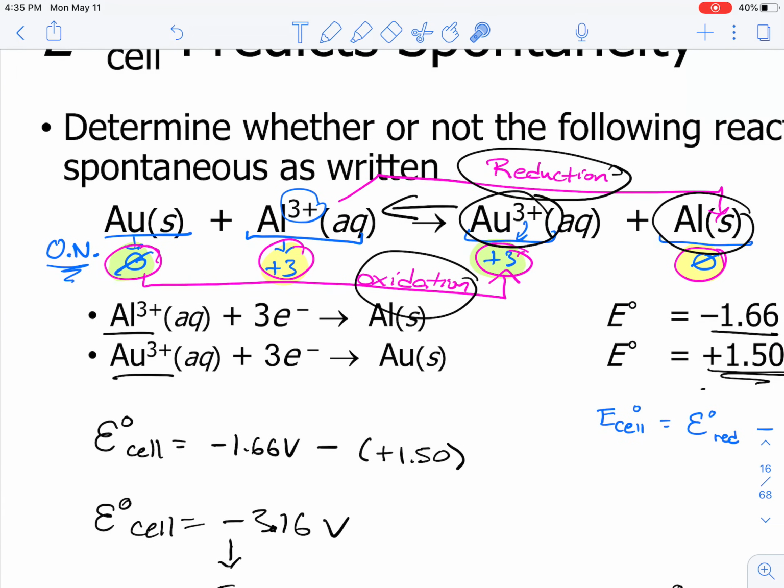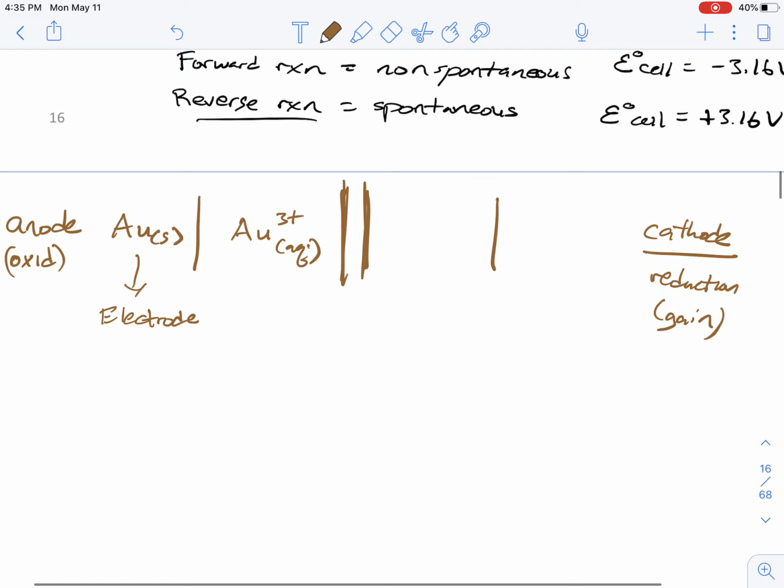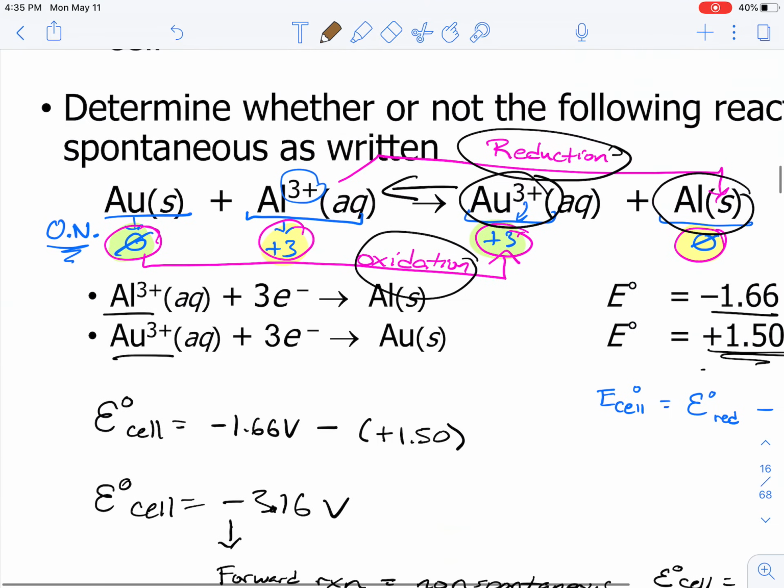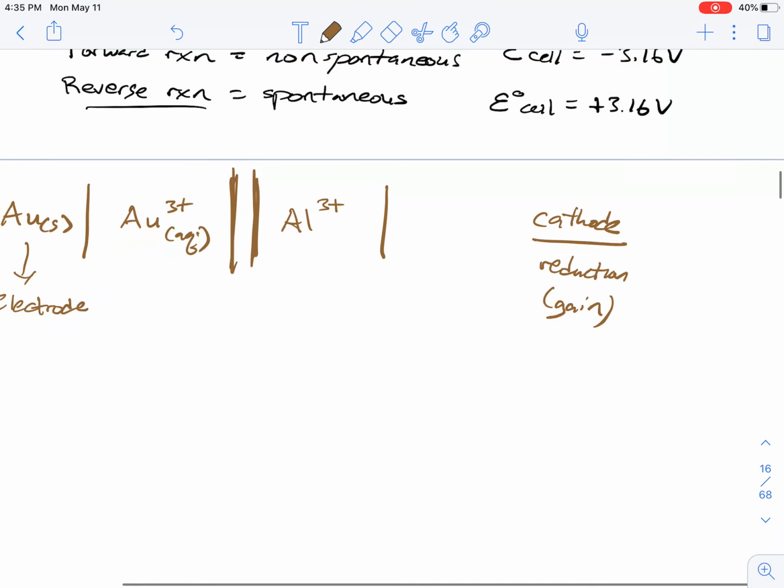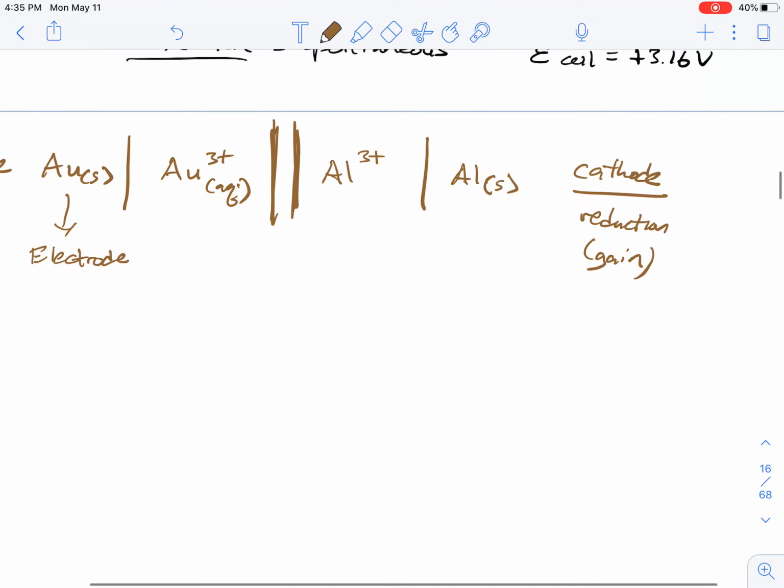And so here in this case, your aluminum ion is seen first, and then it becomes aluminum solid. So we're just going to go ahead and write that in our cell notation. So I have aluminum ion producing aluminum solid. And so this is going to be the electrode.